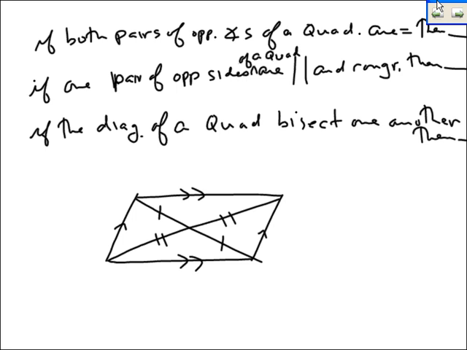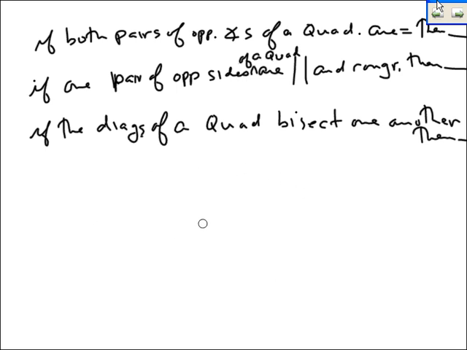It must be. There's no way around it. If the diagonals of a quadrilateral bisect one another, then the quadrilateral is a parallelogram.